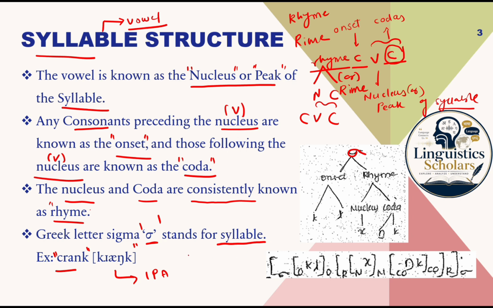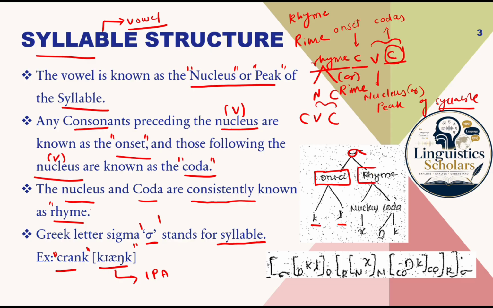I have taken the word crank and transcribed it into IPA, and after transcribing I have drawn the syllable structure here. In the onset, there are two consonants, k and r.